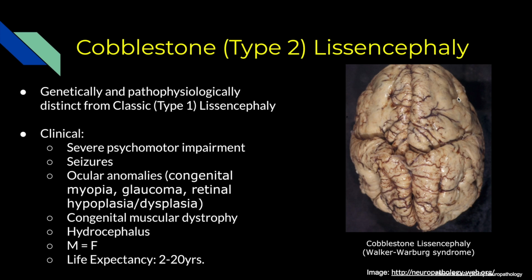So if you're a clinician, in the past, this would help you determine the type of lissencephaly you would be most suspicious about. Patients have hydrocephalus, we'll see why. Equal male to female, all of these are autosomal recessive, as we'll see. And the life expectancy is highly variable depending on the type and severity of the mutation.